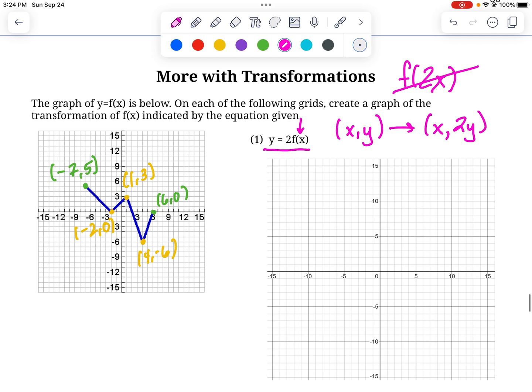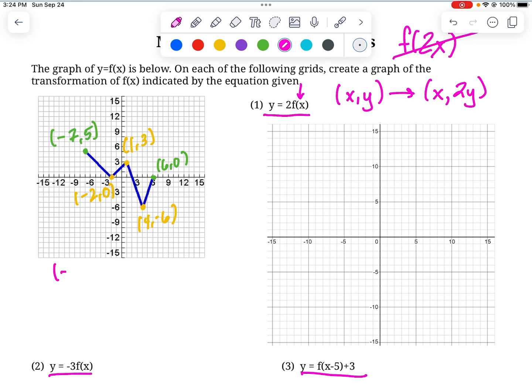Now, we could go through each of these ordered pairs, like -7, 5, and think about, okay, the x is going to stay the same, and the y is going to get multiplied by 2. And I think that's a really good way to do it. We don't necessarily have to write it all, but we definitely want to do that kind of thinking.